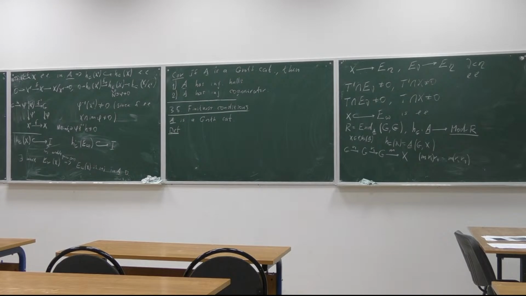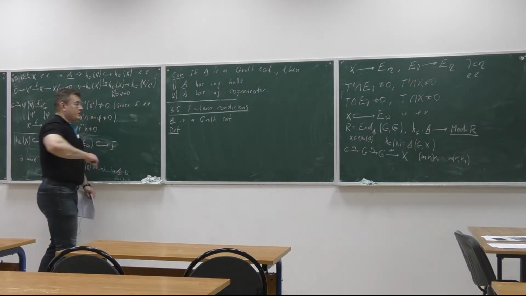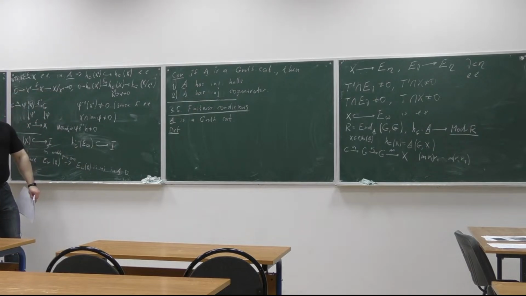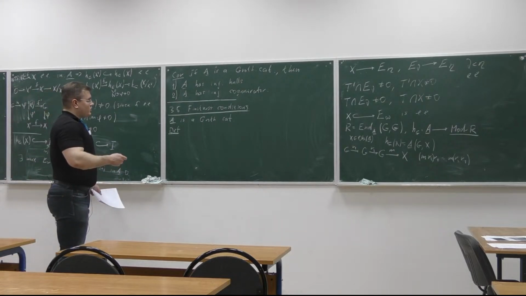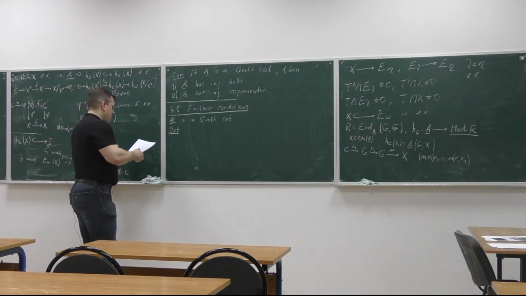First, the module is finitely generated, and the second is that the module is finitely presented. In a general, say, Grothendieck category, it's not clear what would be the analog, right? Because we don't have elements. It's not possible to say it's generated by finitely many elements. There are actually two general conditions that can be formulated in any Grothendieck category, which are equivalent, and in the case of a category of modules, they are equivalent to the standard definition of a finitely generated module.